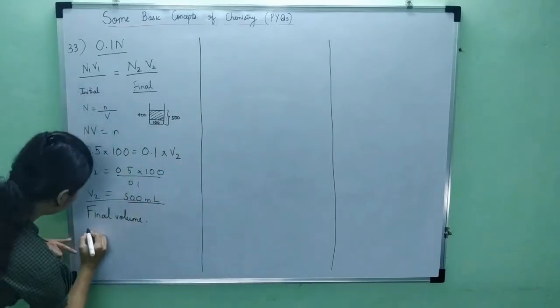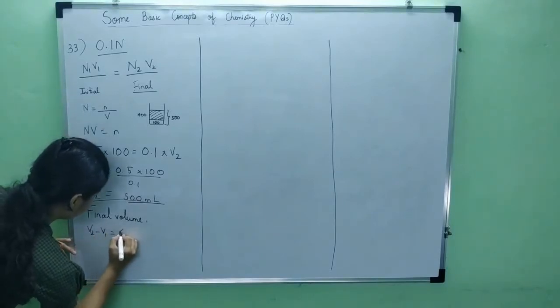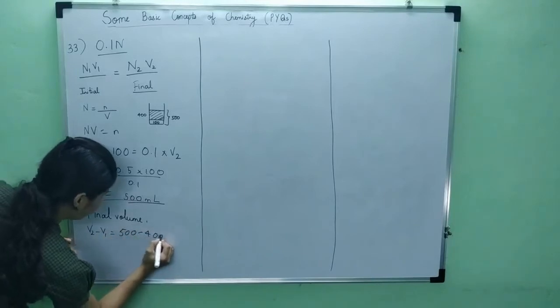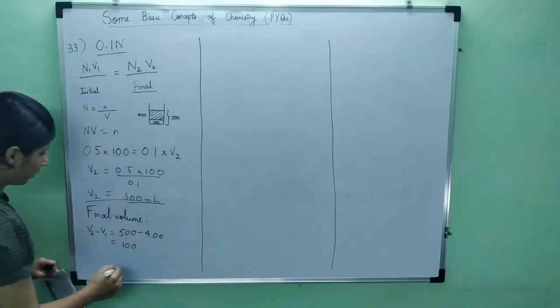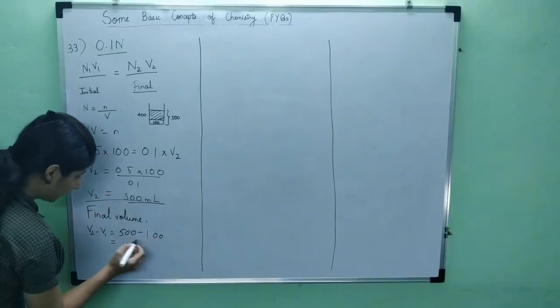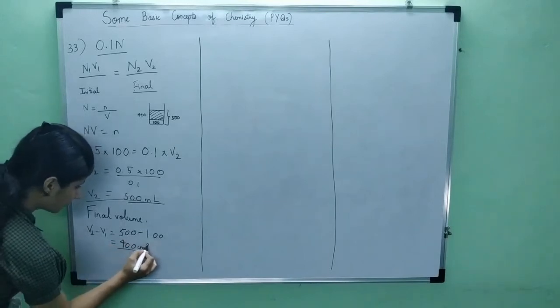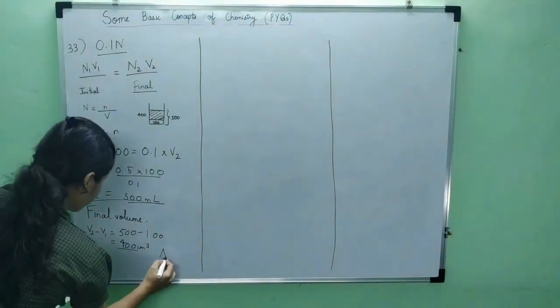So 500 is not the answer. The answer is V2 minus V1, which is 500 minus 100, which is equal to 400. So this is the final answer, the amount of water that we have to add. What is the option? The option is A.